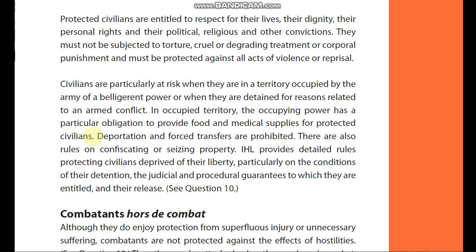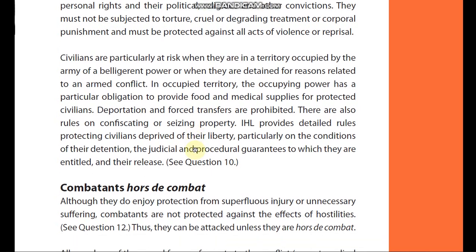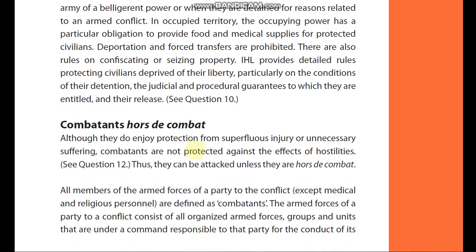Since Israel besieges the Gaza Strip, in this case we are still under occupation. So Israel as the occupying state has a particular obligation to provide the Gaza Strip with food and medical supplies. So this is regarding the first kind of persons who are protected under the IHL in times of international armed conflict.